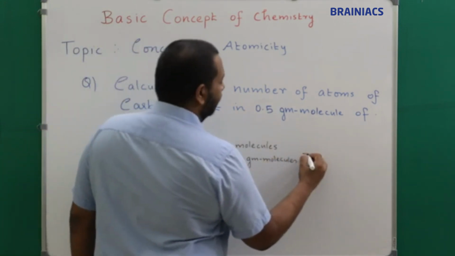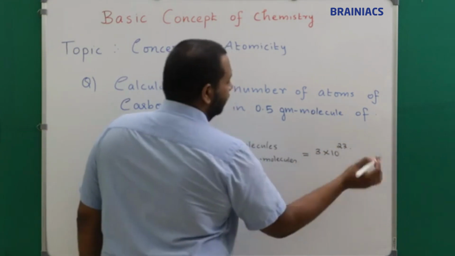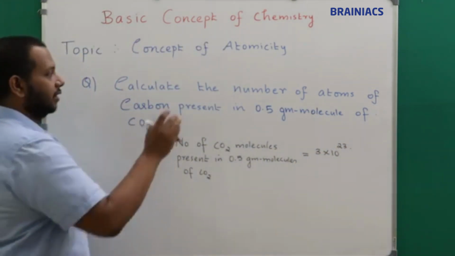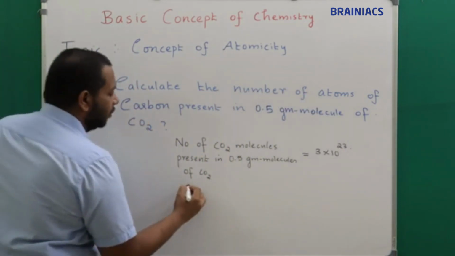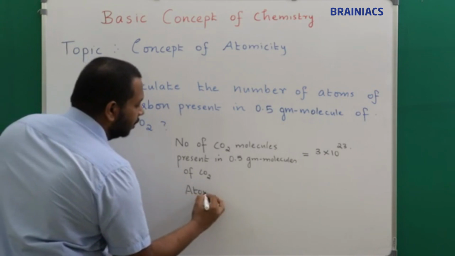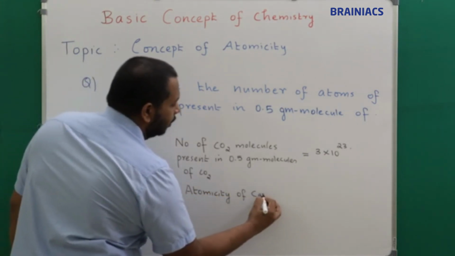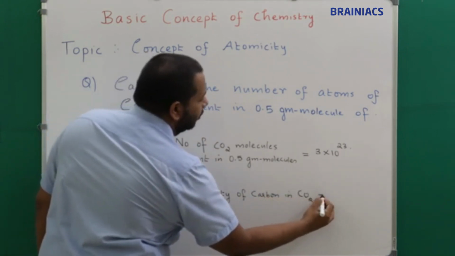Just now we have calculated, the answer is 3 into 10 power 23. Now again the atomicity we need to calculate, but in the question right now they have asked the number of atoms of carbon in CO2. So atomicity of carbon in CO2. Tell me, what is that?